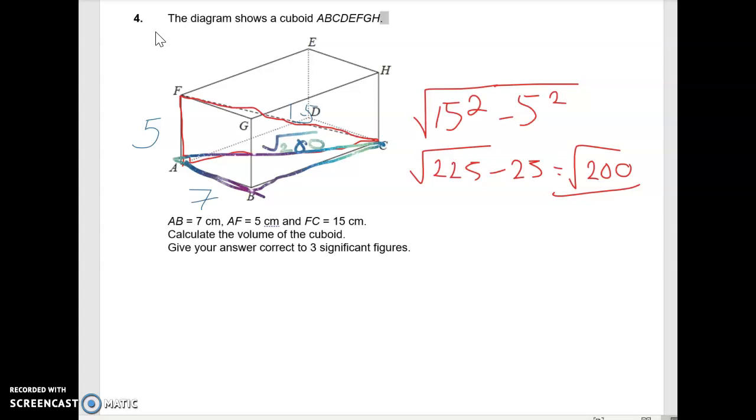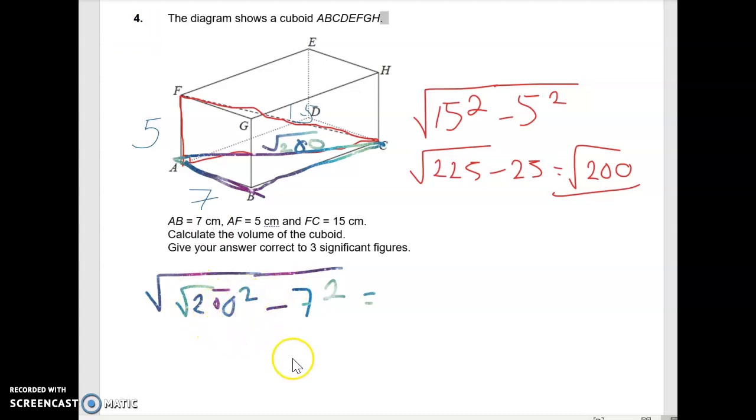Okay then, so let's work out B to C. So we know that it's going to be the square root of the hypotenuse, which is the square root of 200 squared, minus 7 squared. Okay, so when you square a square root, you end up back where you started at 200.